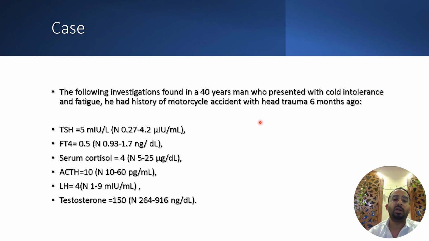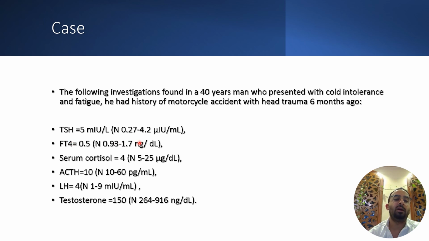And again, the patient has a history of a motorcycle accident with head trauma 6 months ago. Head trauma is an important event that happened to the patient 6 months ago, and this head trauma may be responsible for this patient's presentation.